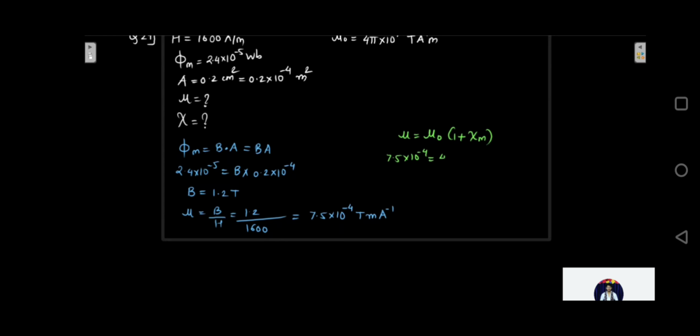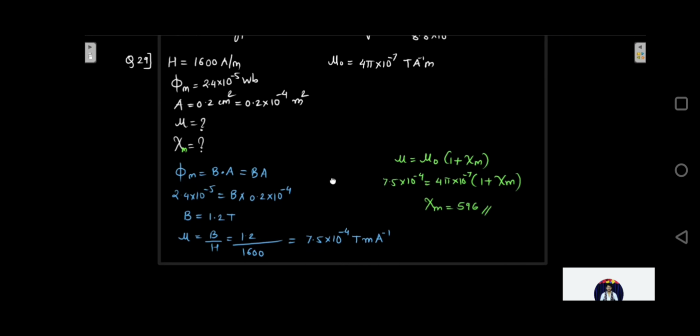Mu naught is 4 pi into 10 raised to minus 7 into 1 plus psi m. So once you solve this, you'll get the answer as psi m, which will be equal to 596. This is going to be the value of susceptibility, that is psi m, magnetic susceptibility. Okay, so this is going to be the solution of 29th question.